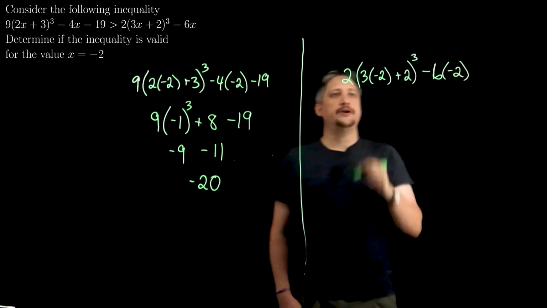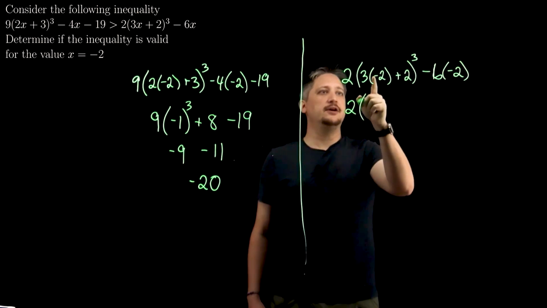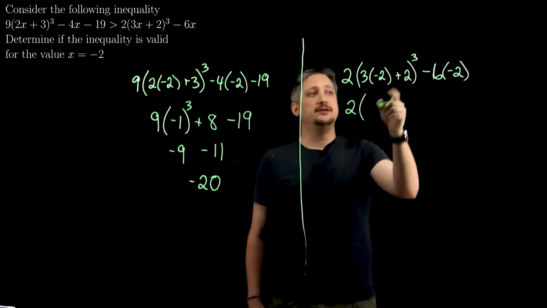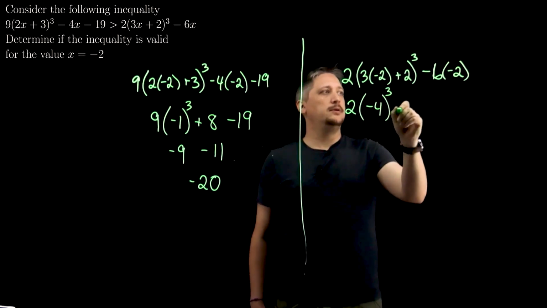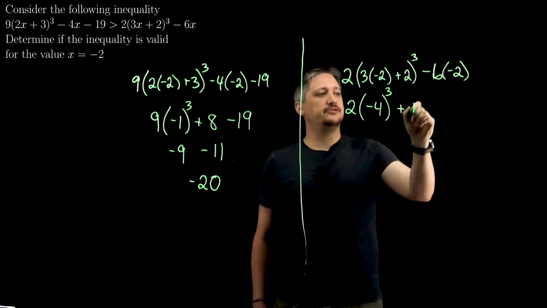Okay, over here we have 2 times, so 3 times -2 is -6, plus 2 is -4, cubed, minus 6 times -2, that's -12, so that becomes a plus 12.